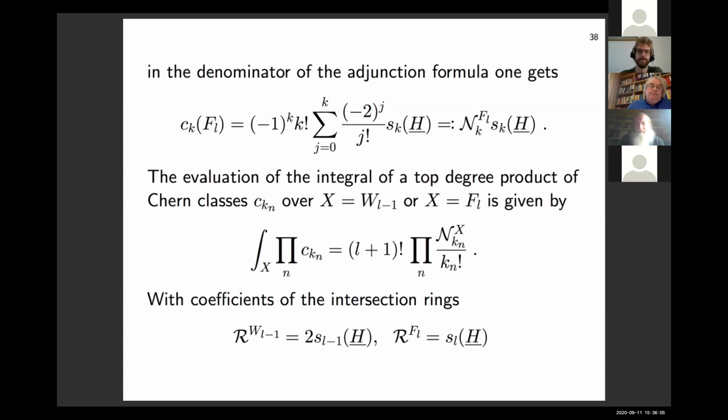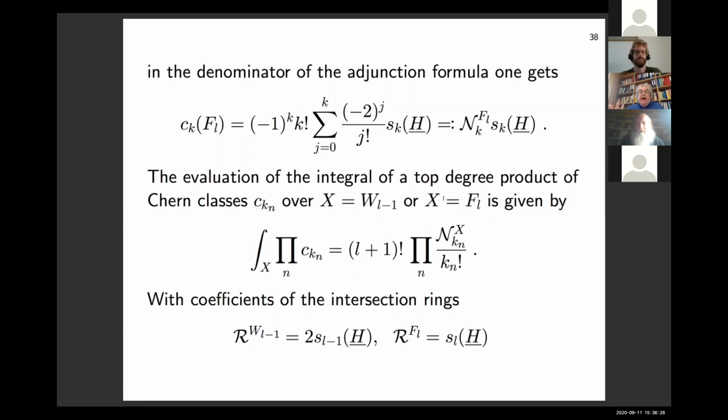And then you notice, with a little calculation, that if you evaluate the Chern class, of course you have to take the highest combination of Chern classes, which gives the dimension of this space, then it's given by these normalizations that I gave before. I mean, they are different for the Fano and the Calabi-Yau. That's why I've just put here an X.